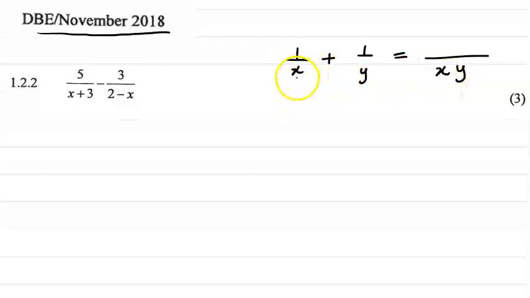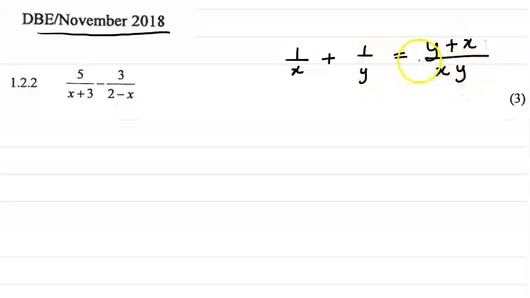So your denominator here is x, it changed to xy. Therefore, what are you going to do to your numerator? You're going to multiply it by y. The reason is you multiply the denominator by y. So therefore, similarly here, y times x is xy, therefore 1 times x is going to equal x.